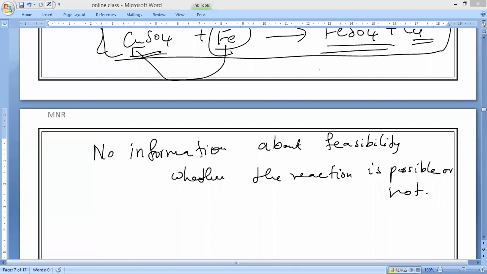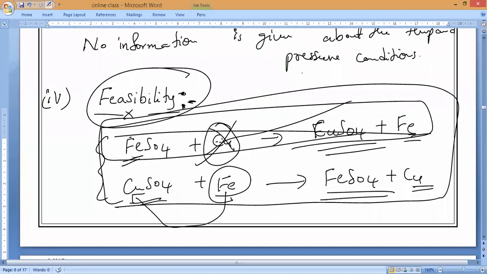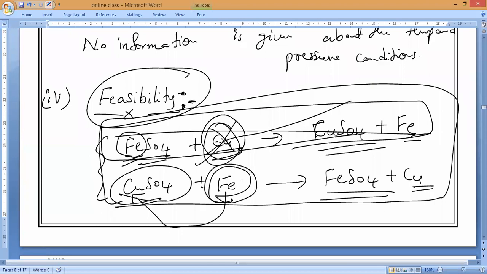If you don't know about the metal activity series, that is what I'm saying. Class 8, I think you studied, but you may forget. If you notice, iron is in compound state and copper is in atom state, like normal atoms. And here, copper is in compound state and iron is in free state. Iron is more reactive than copper.